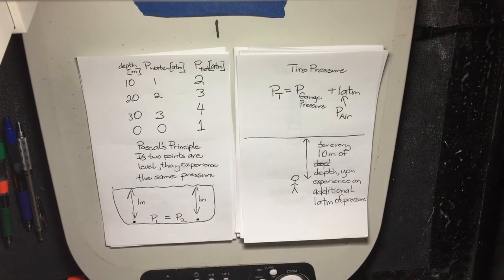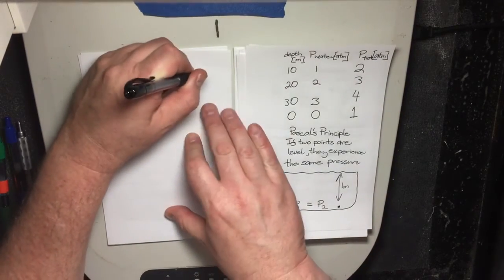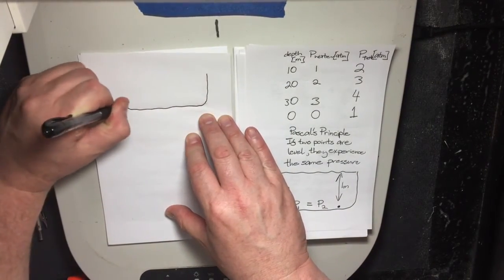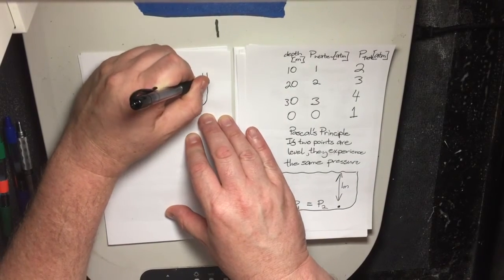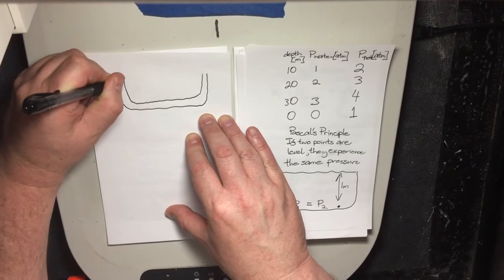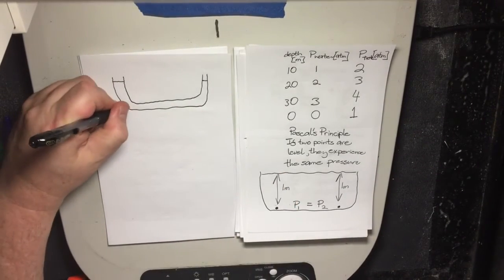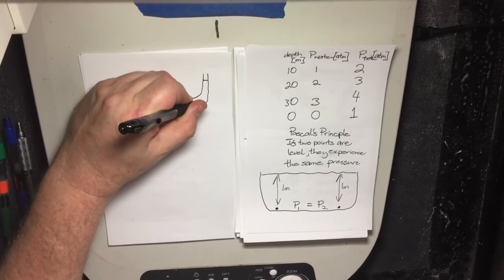What if we make it a more complex geometry and cut out most of the basin, so we have the fluid over there and the fluid over there? What about the pressures now?